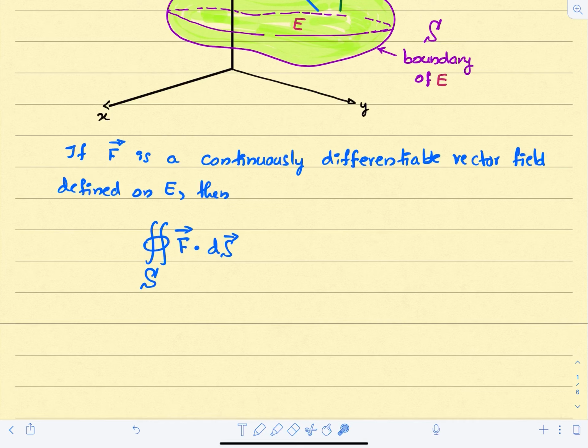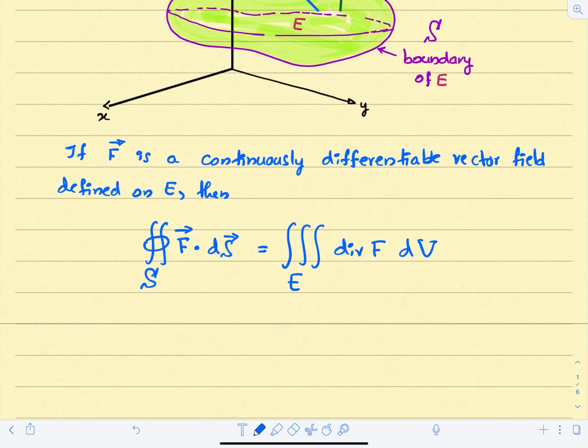The flux integral over the closed surface S equals the triple integral of the divergence of F over the domain E.